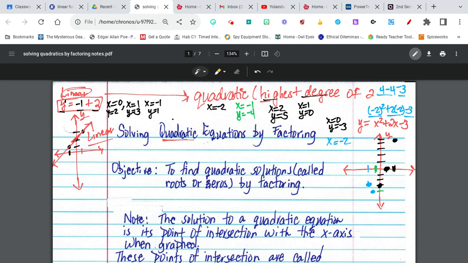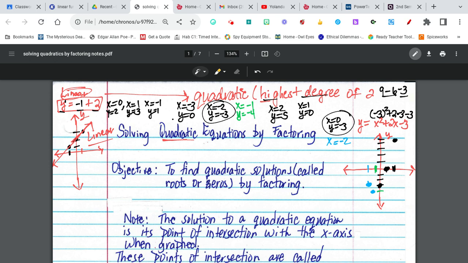So for an x of negative 2, we got a y of negative 3. We also got a y of negative 3 here. Okay, so let's try an x of negative 3. All right. So I end up with negative 3 squared, which is 9, plus 2 times negative 3, which is negative 6, minus 3. Well, that ends up being 3 minus 3, which is 0.